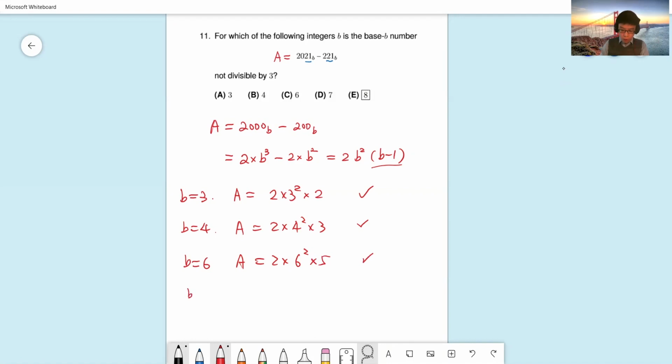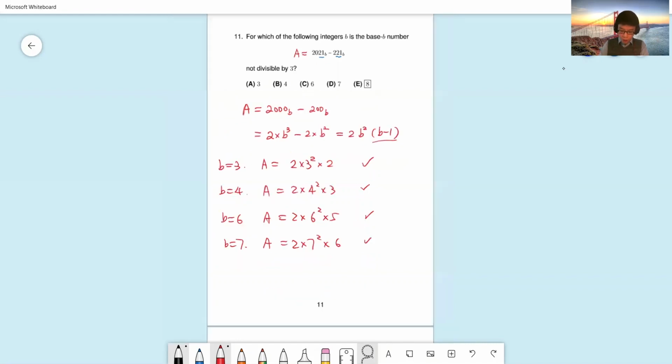And for b equals 7, this is also a multiple of 3 because b minus 1 is 6, a multiple of 3. And only the last choice, if b equals 8, is not divisible by 3. So we should choose E, b equals 8.